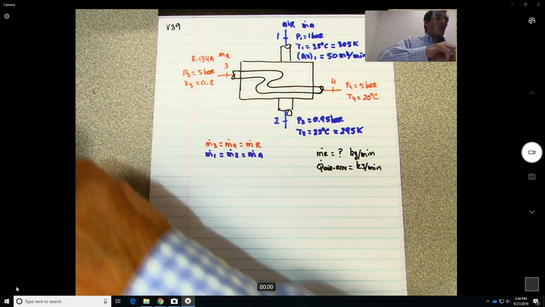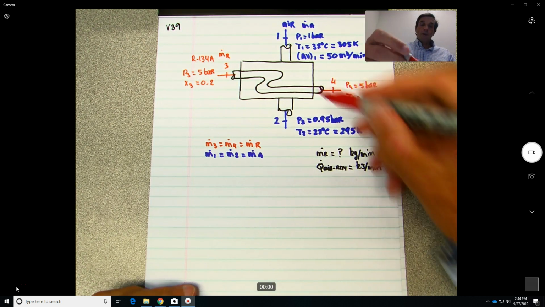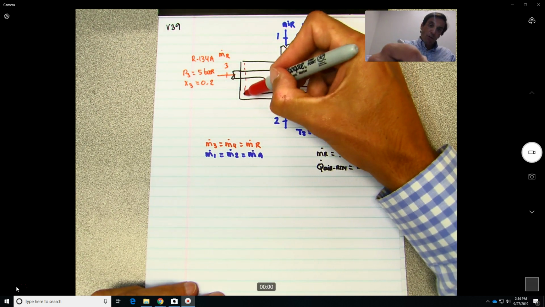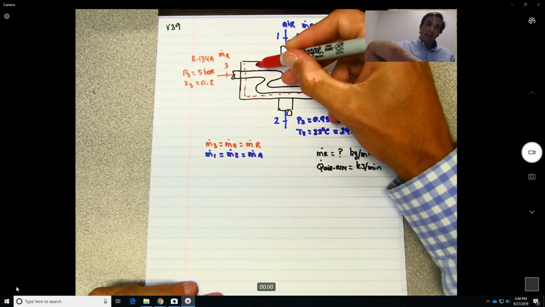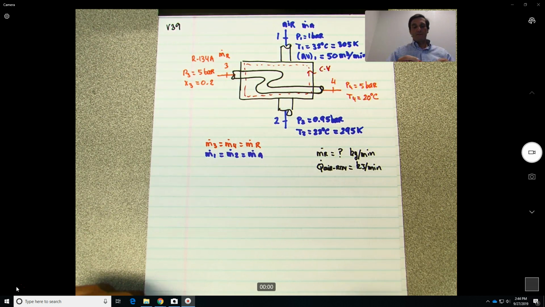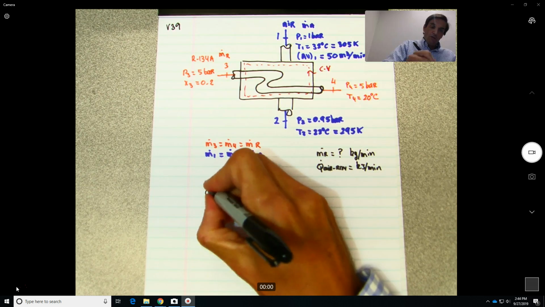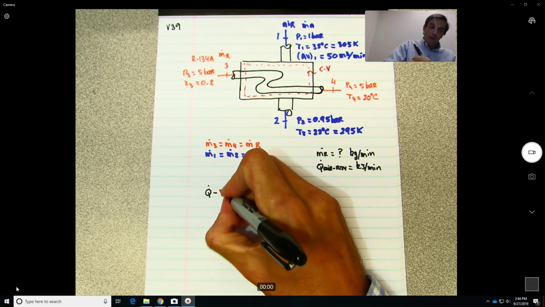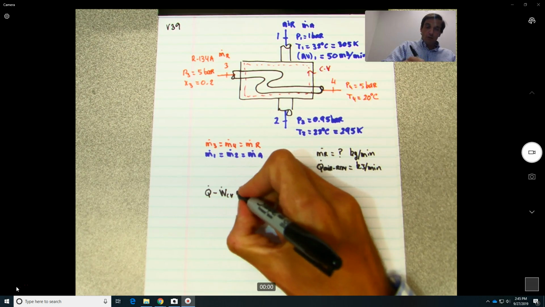Okay, so first thing I will do is ask what type of problem we are dealing with. This is a problem where you have mass entering and exiting, so this would be a control volume or open system problem. So for this control volume, we can write the first principle of thermodynamics. That will be what? Heat transfer minus the work going inside the control volume plus whatever is going in.